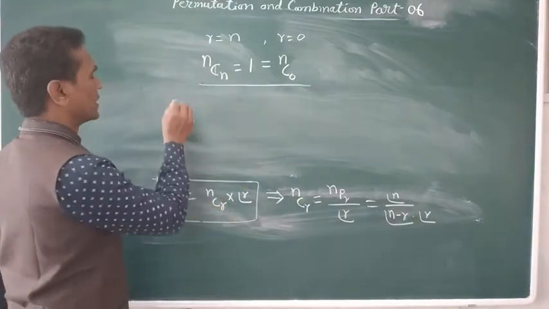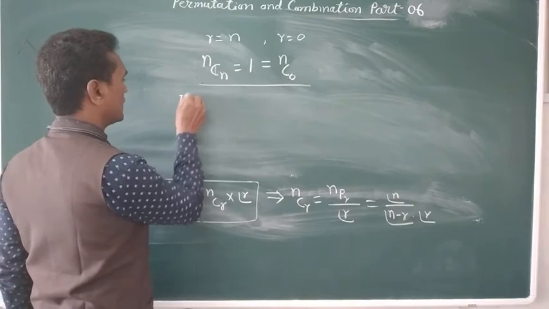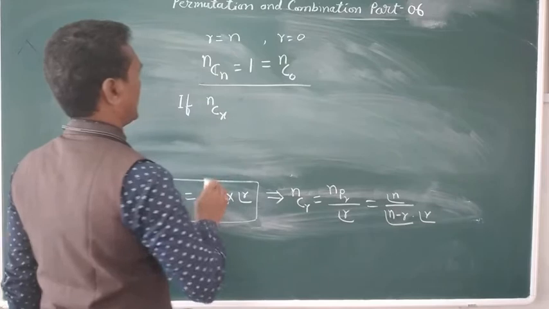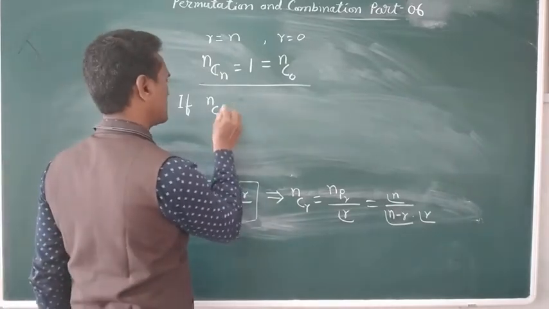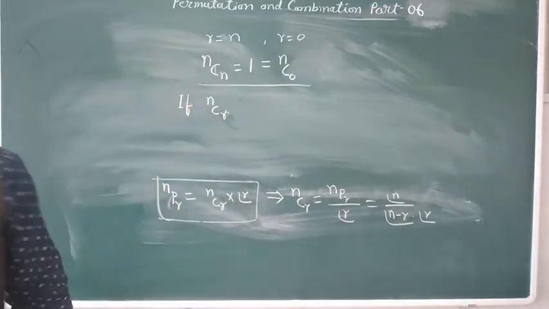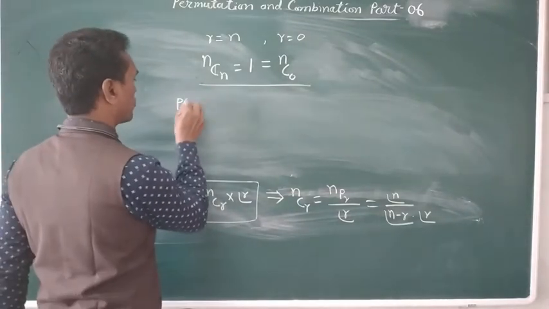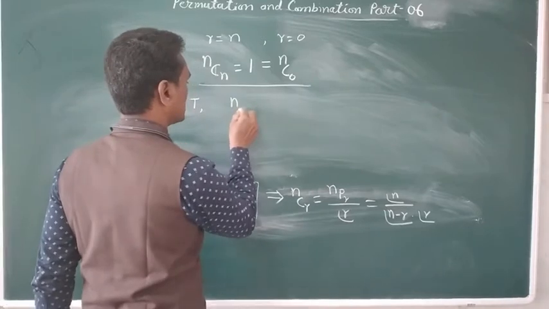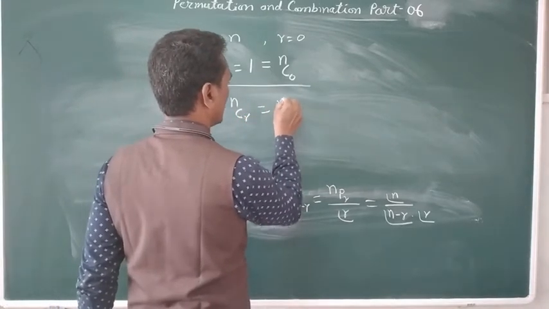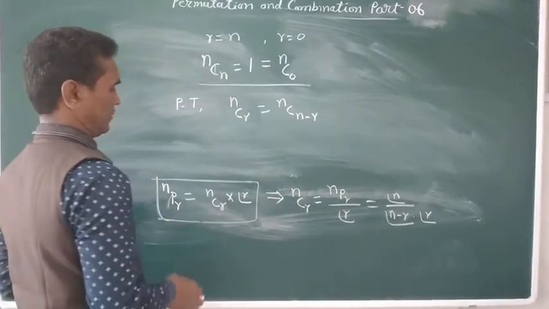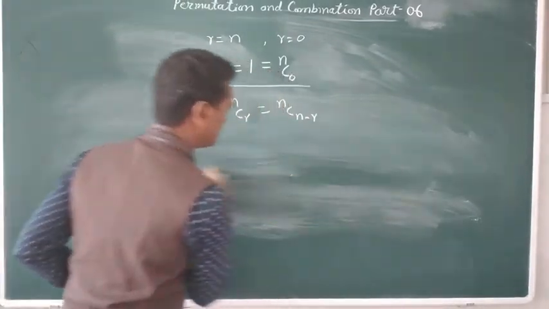Another important thing: prove that nCr is equal to nC(n minus r). This is also one of the very important formulas.